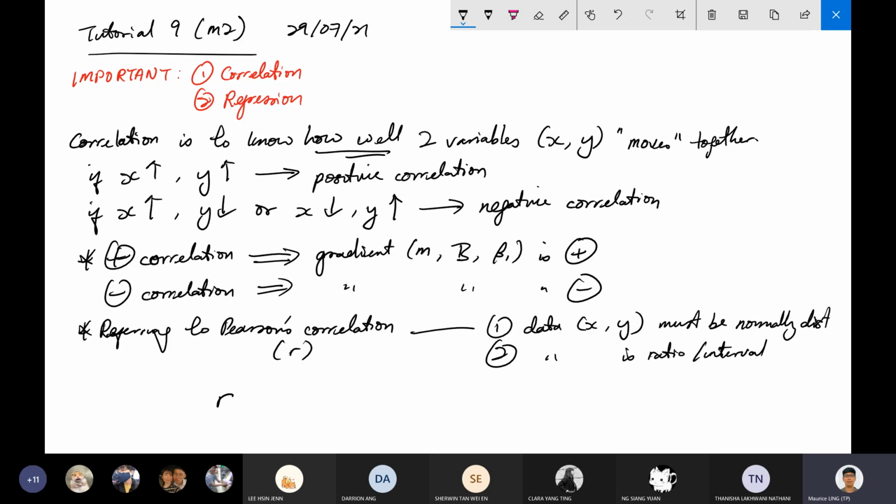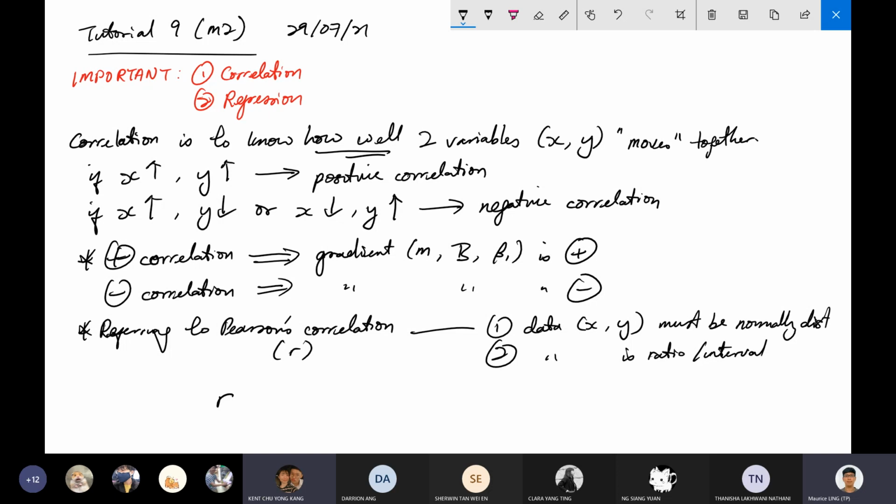Is there a limit? That means the upper and lower boundary of small r.